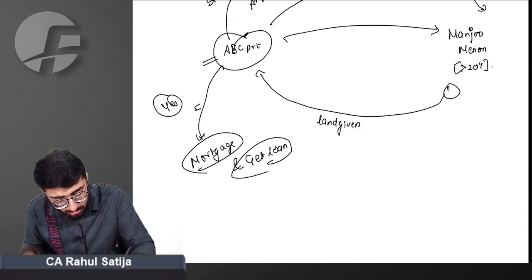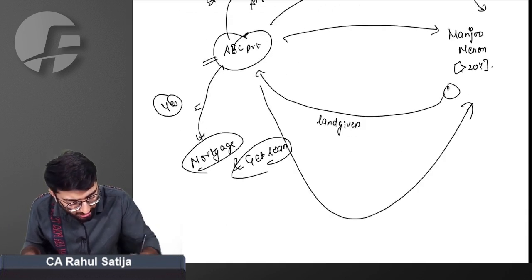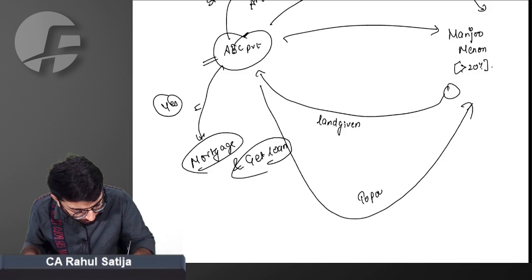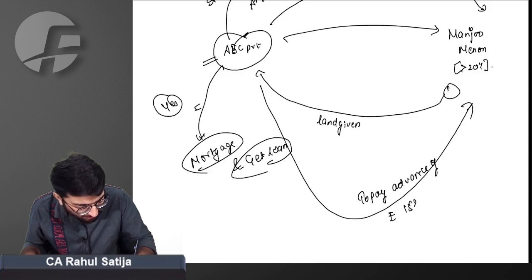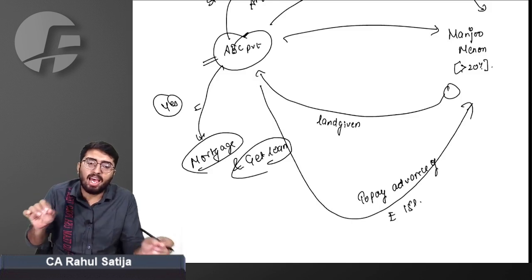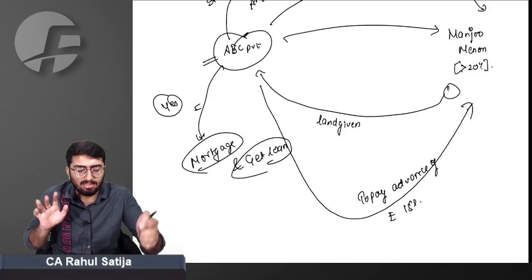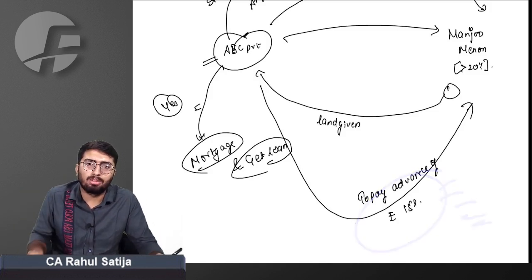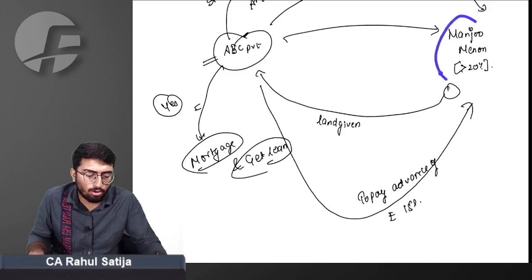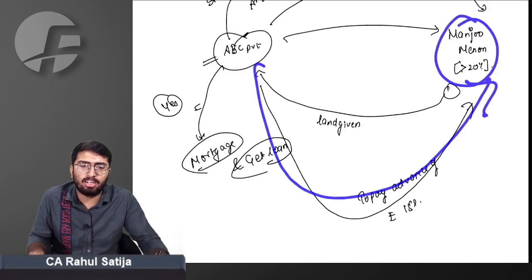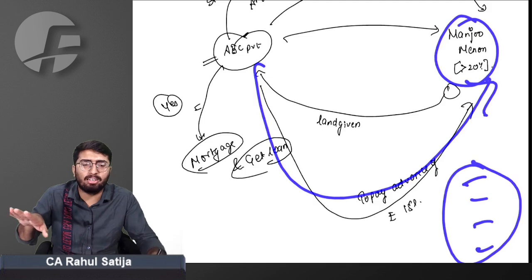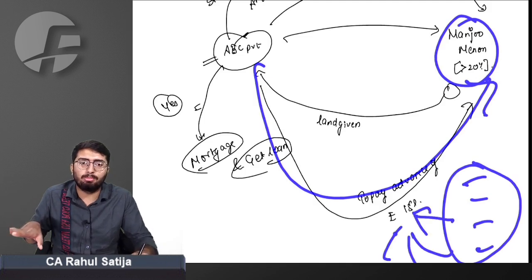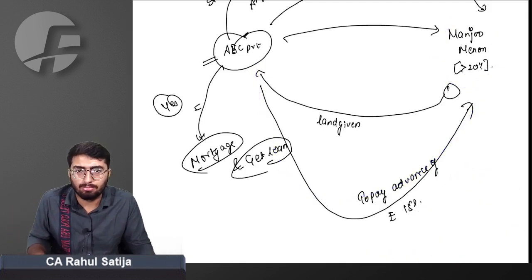Manju Menon also demanded advance rent of 15 lakh rupees. As months pass, he will be adjusting this advance rent against the actual monthly payment. What Manju Menon wants is that the company just pay 15 lakh rupees of advance rent, and every month when rent accrues, he will adjust the monthly rent from this advance rent.